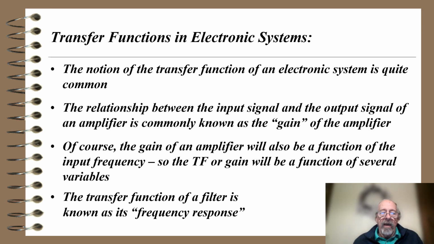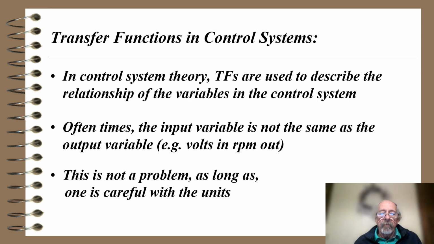Amplifiers are an example. The relationship between the input signal and the output signal of an amplifier is commonly known as the gain of the amplifier. Of course, the gain will also be a function of the input frequency, so the transfer function or gain will be a function of several variables. The transfer function of a filter is known as its frequency response, just to give you some examples.